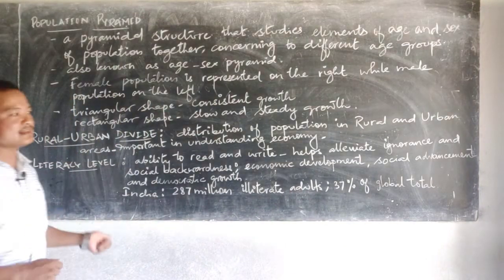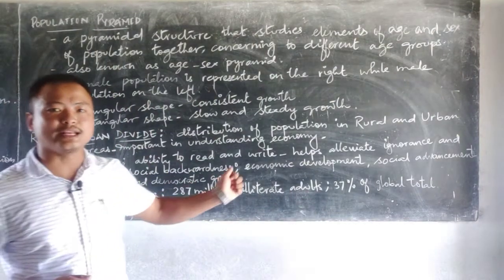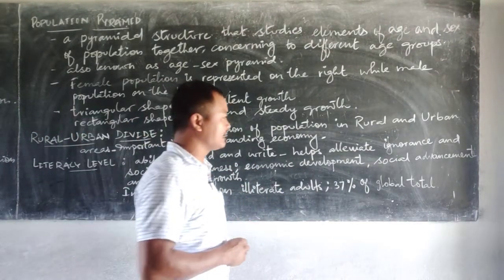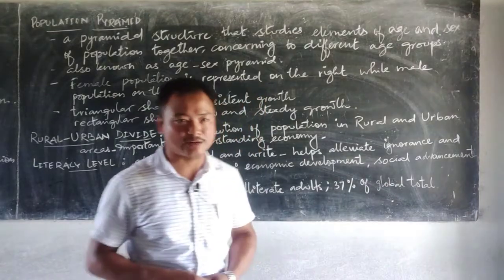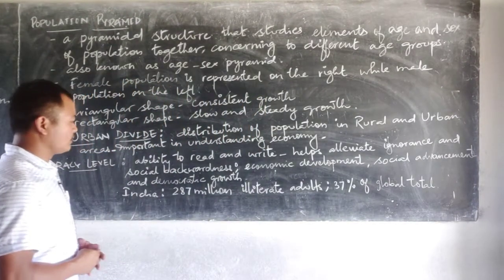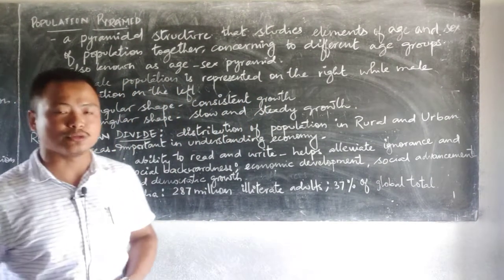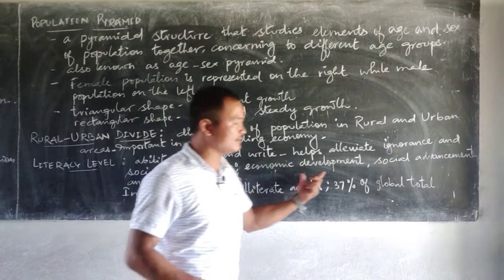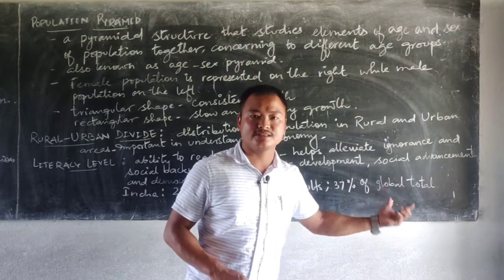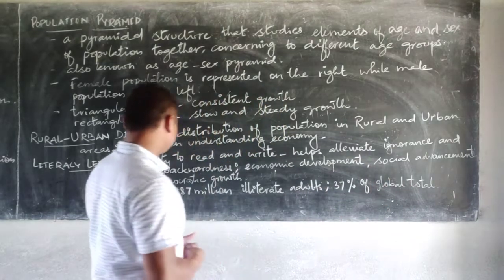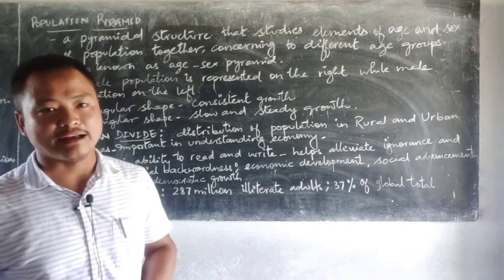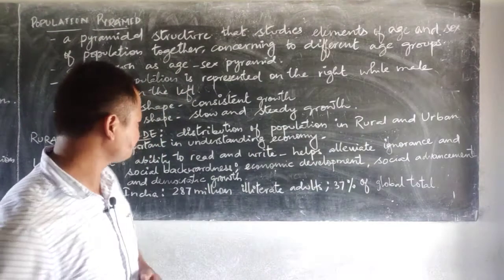Literacy level helps a lot in population composition because it helps in alleviating ignorance and social backwardness. Most importantly, it helps us develop economically and helps society advance, and even demographic growth is affected by literacy level.